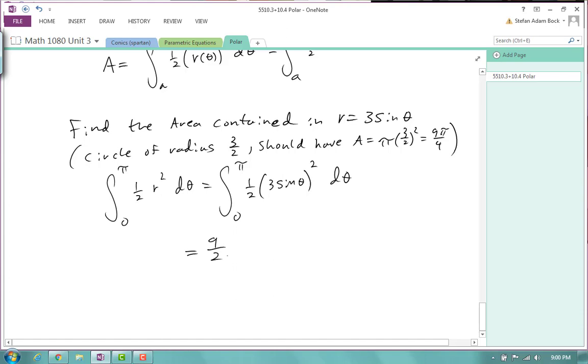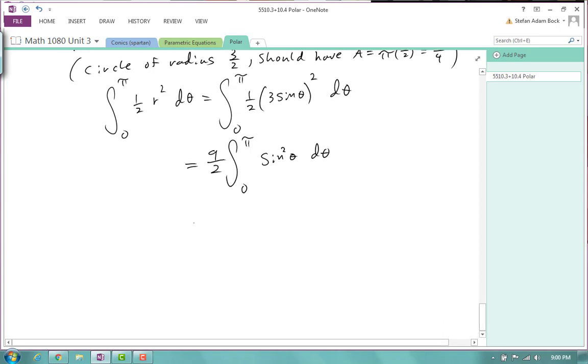Which means I can factor stuff out. I'll have 9/2 times the integral from 0 to pi of sine squared of theta d theta. And we've done these before.